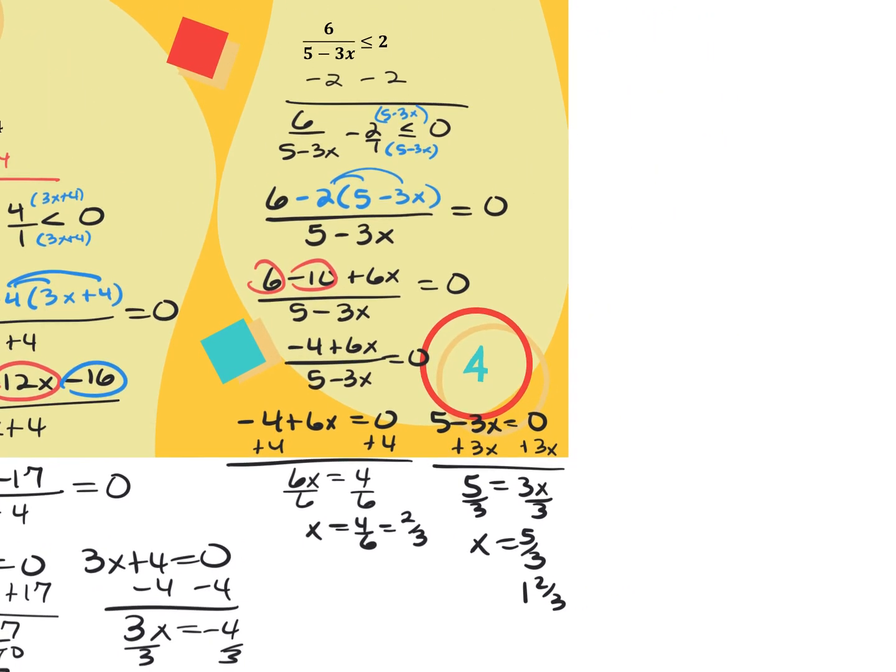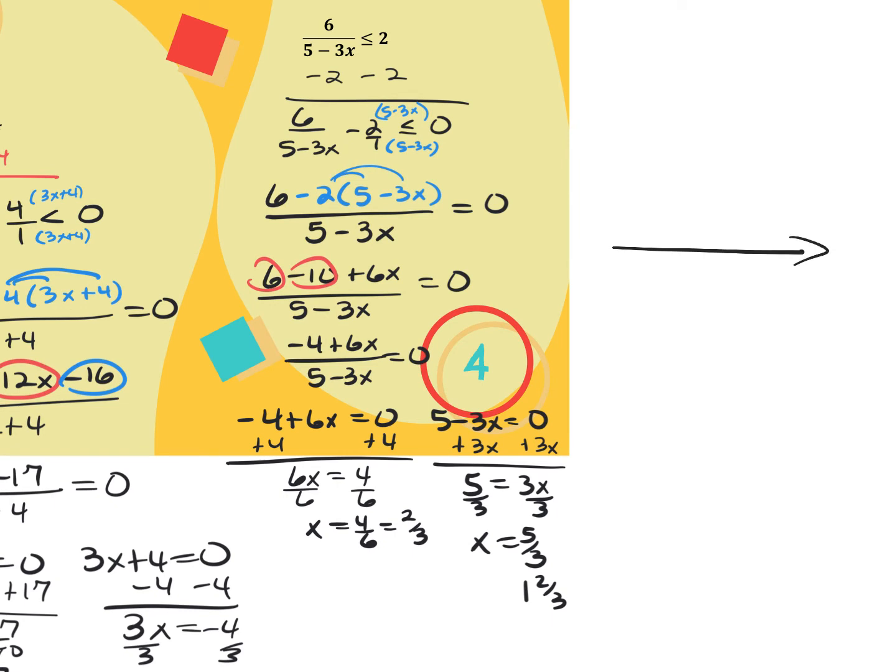So now let me go ahead and draw my number line. The 2/3 is smaller than the 5/3. Notice this time the 0 is located over here on the far left because it's less than 2/3.